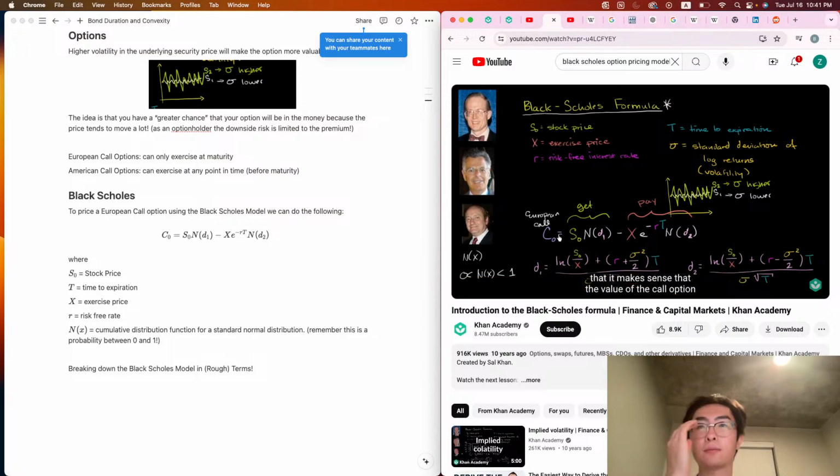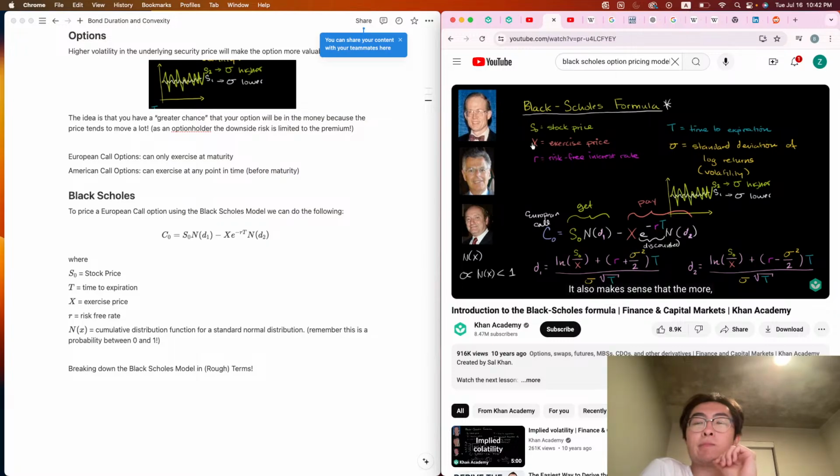Then it makes sense that the value of the call option would be the value of the stock minus the exercise price discounted back to today. This is the discounting, giving us the present value of the exercise price. We have videos on discounting and present value if you find that a little bit daunting.